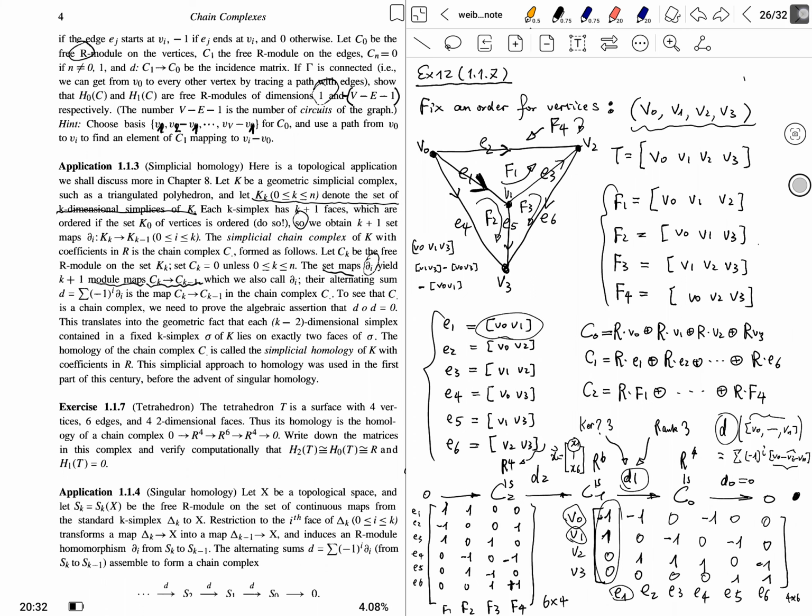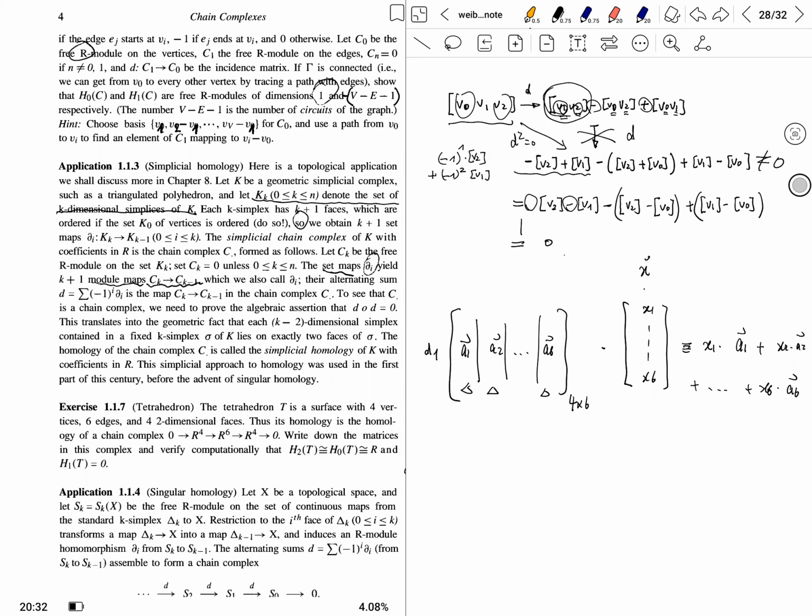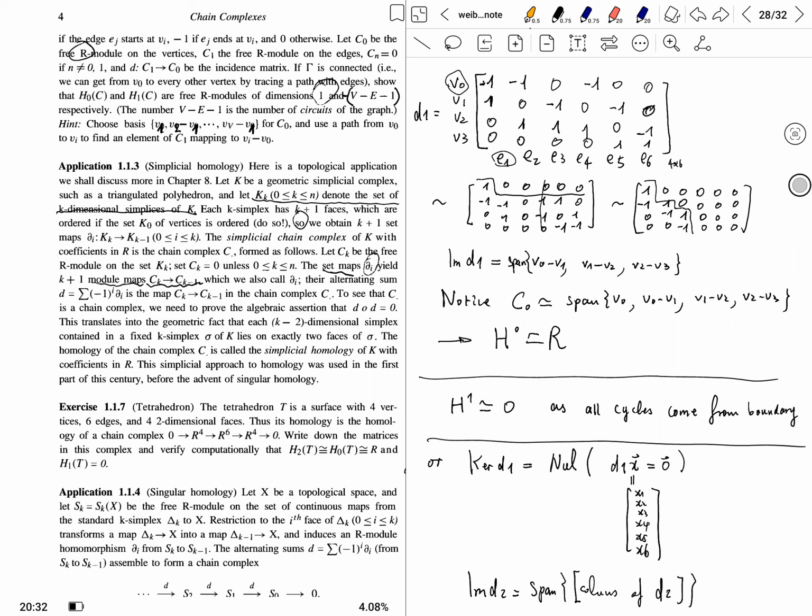Okay, so once we have this, what is left is just computation. As I said, if you are working with coefficients that are fields, then this is totally determined by the dimension. You just compute the kernel and the image at each position. You just compute the dimension.